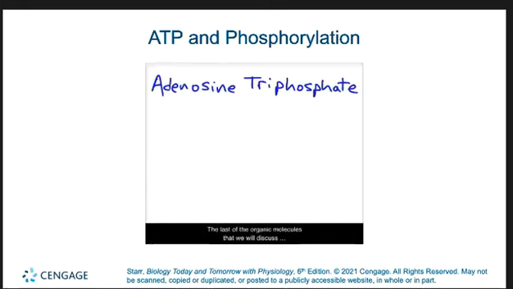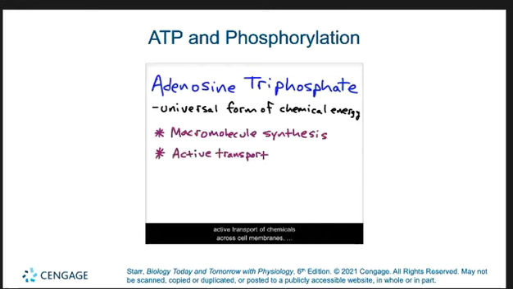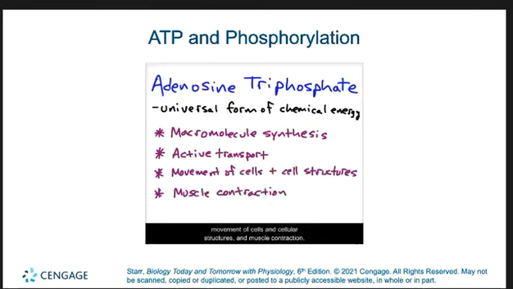The last of the organic molecules that we will discuss in this chapter is adenosine triphosphate, more commonly known as ATP. ATP is the universal form of chemical energy used by cells to carry out energy-demanding cellular activities, such as macromolecule synthesis, active transport of chemicals across cell membranes, movement of cells and cellular structures, and muscle contraction.